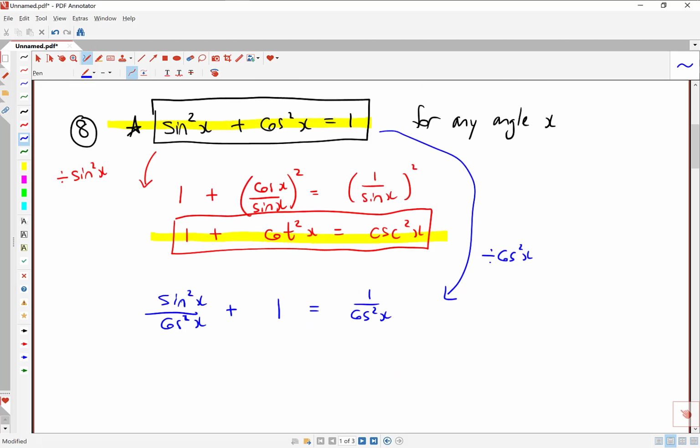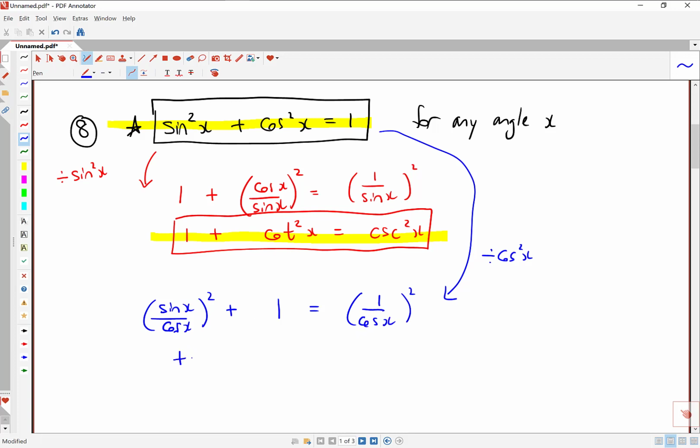For this first term, let's think of that as something squared. It would actually be the square of sine x over cos x. And on the right side, we can say this is the square of 1 over cos x.